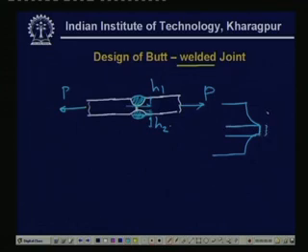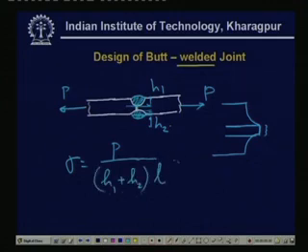Therefore, sigma will be equal to P divided by H1 plus H2 times L, and that must be less than or equal to sigma allowable. So, this is the design consideration of the butt welded joint.